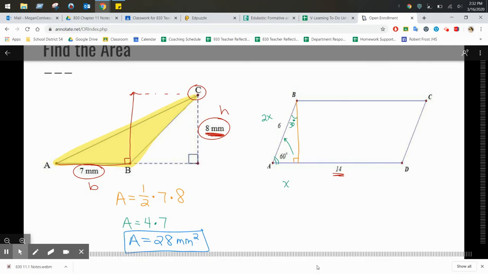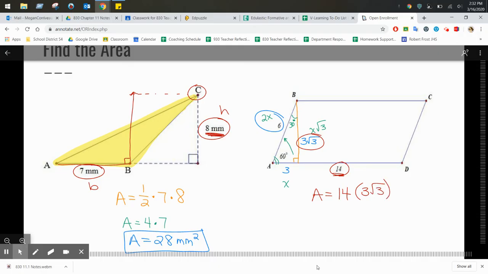The side across from 60 is x radical 3. So if 2x is 6, x must be 3, in which case the height would be 3 radical 3. So my area of this parallelogram would be 14 times 3 radical 3.